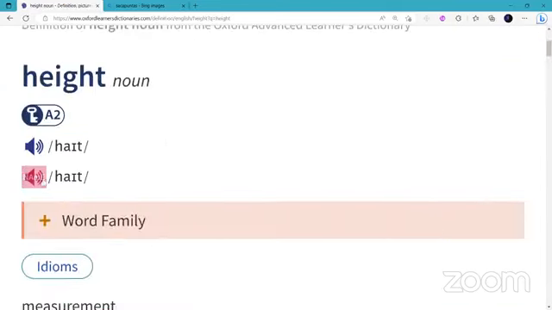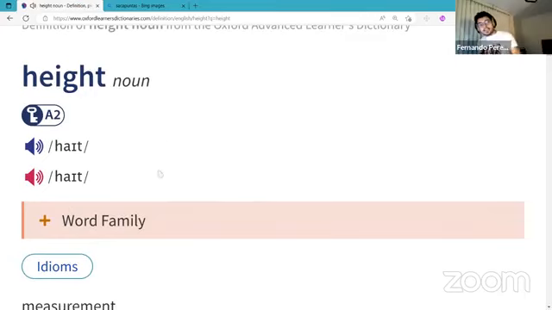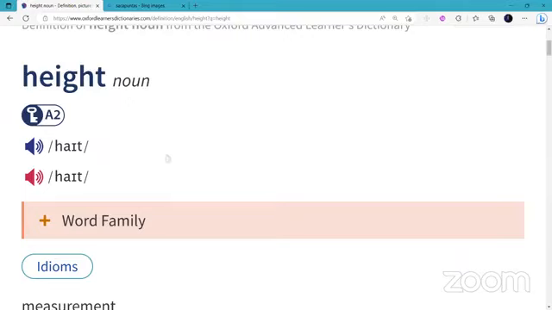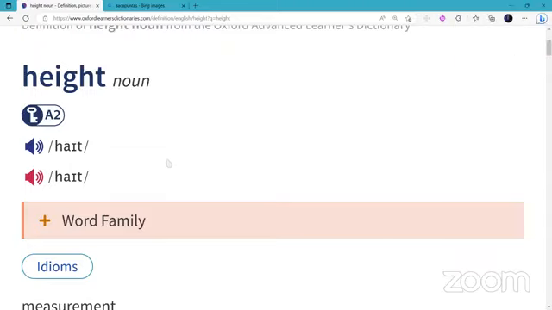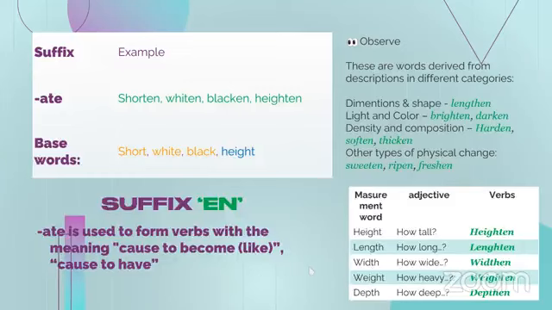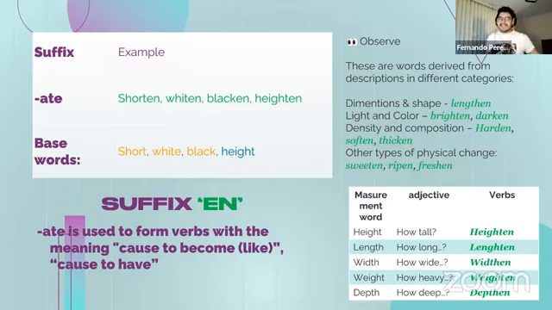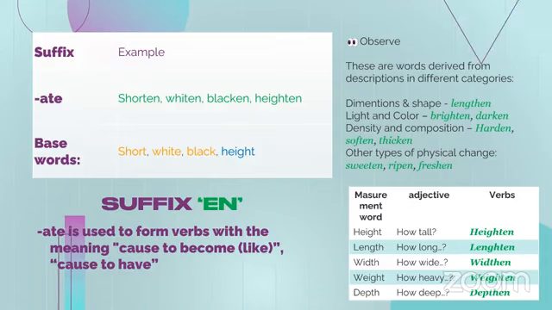So when you're talking about height, you're talking about something that is tall. So heighten is to make it taller. That's the opposite of what you're thinking. So then, I will heighten my door because I need to pass a fridge through it.